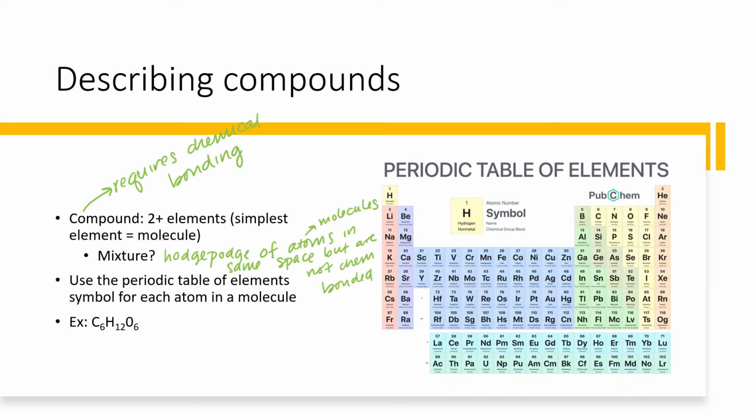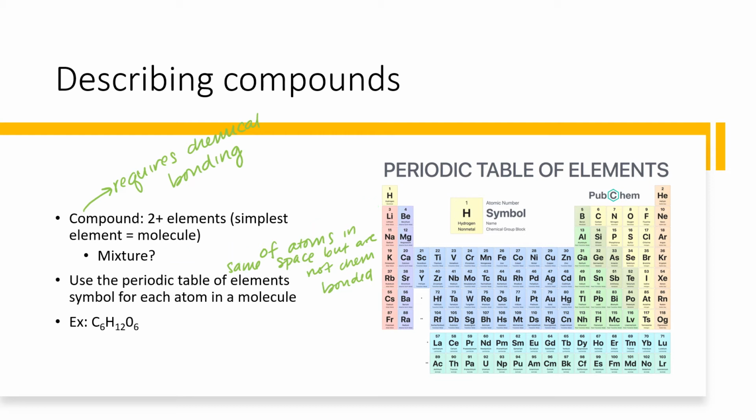So a molecule is any kind of arrangement of more than one atom. If that molecule features more than one element, if you feature a couple different kinds of elements, then you have a compound. If you have a bunch of different types of atoms or molecules all mixed up in the same place, but they're not necessarily bonded to one another chemically, then you have a mixture.